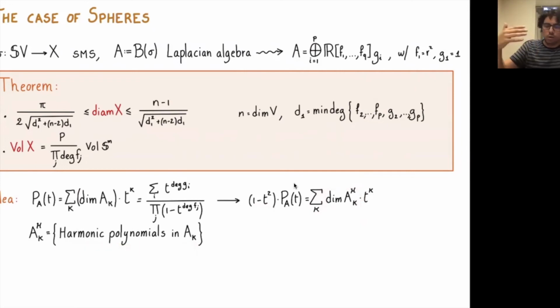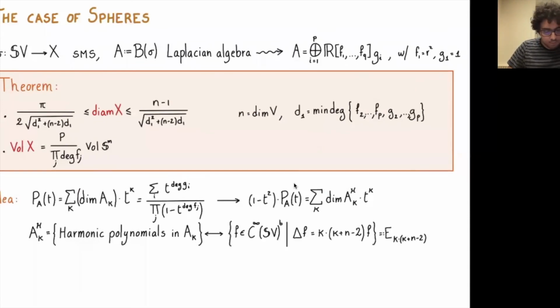So now you have an explicit series that tells you how the harmonic polynomials, so the polynomials with zero Laplacian, look degree by degree inside of the algebra of basic polynomials. And you just remember this fact that if you have a harmonic polynomial of degree k, and you restrict it to the sphere, well, then this becomes an eigenfunction for the Laplacian of the sphere, right?